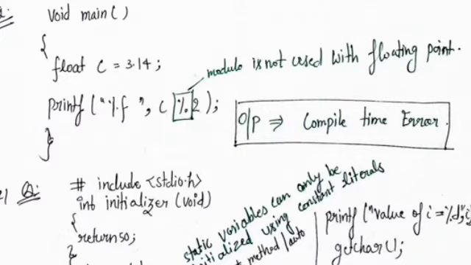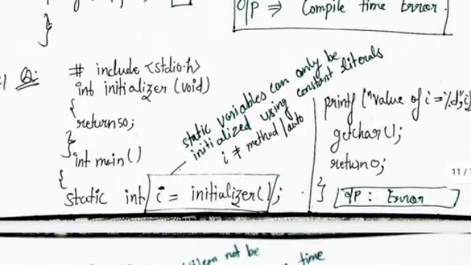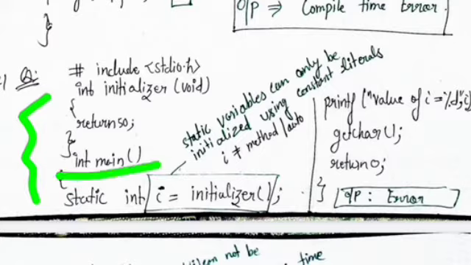Now come to the 21st question. Here the line of code is given: include stdio.h, int initializer returns 50, and the main function is given like static int i = initializer, print the value of i = %d, getch, return 0.